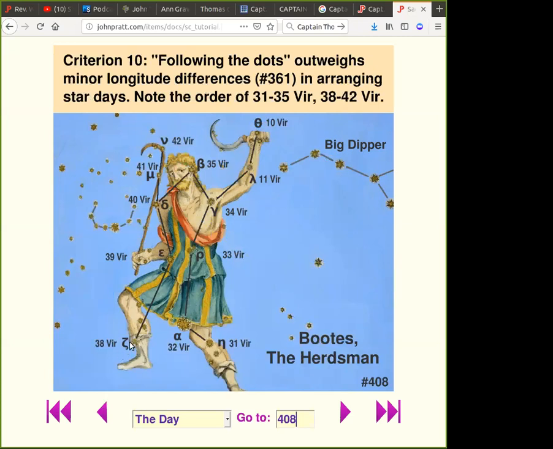And then you kind of start down here, and then you jump to other constellations and do things, 34, 35. And then you come over here, 38, 39, 40, 41, and 42. So that was the final big rule that puts all of the stars in order. So that's it. That's the end of the class.